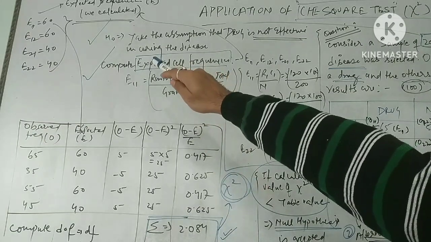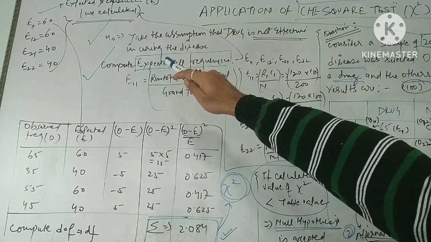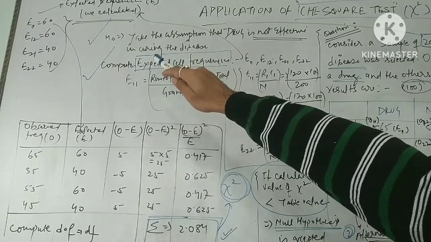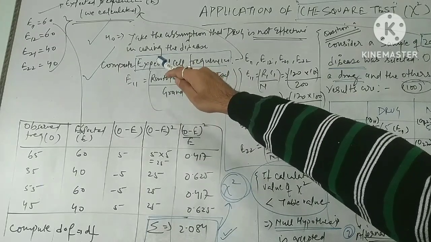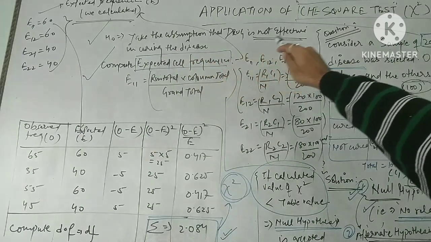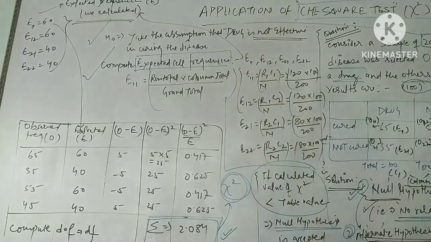This is our null hypothesis H0, and we have to compute using this hypothesis.